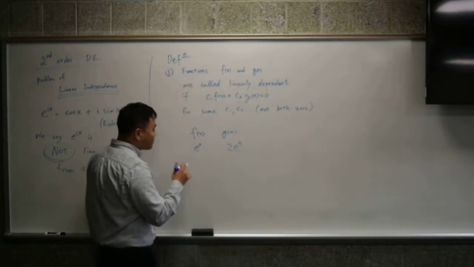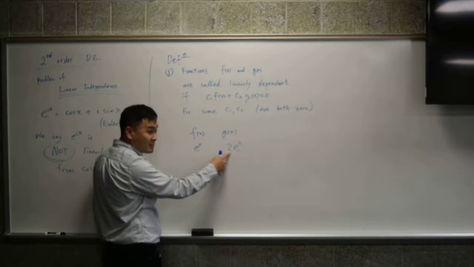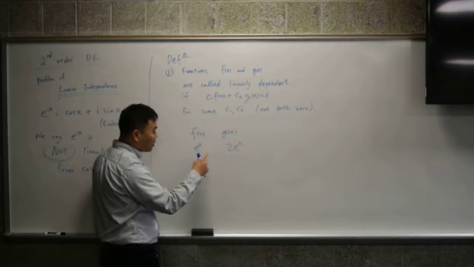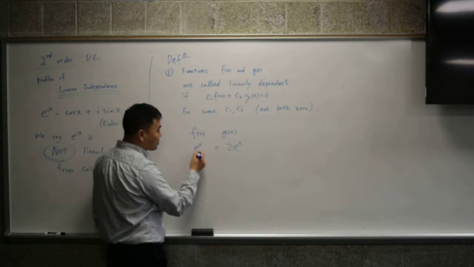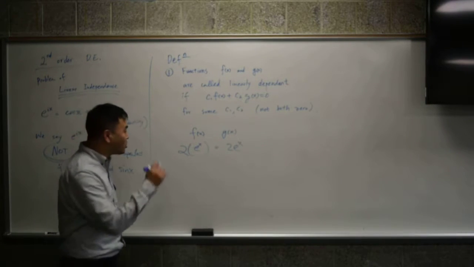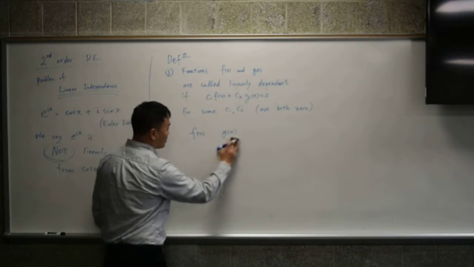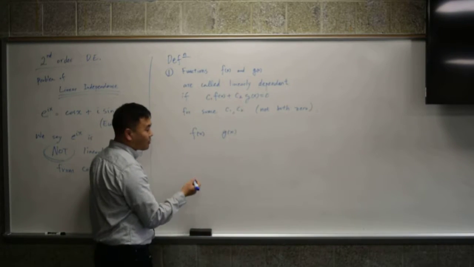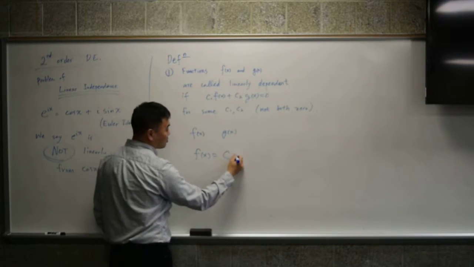So now, why are these two functions linearly dependent? Because one function, say g of x, can be obtained from this function just by multiplying by 2. In other words, let's say two people found these two functions, and they found out that f of x is equal to some constant times g of x.